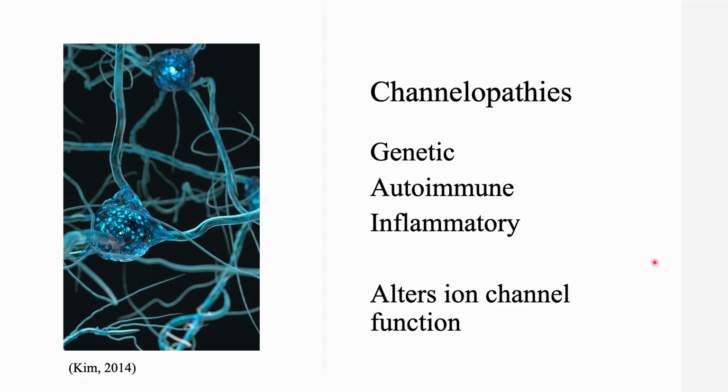Now we know how ion channels and neurons are supposed to function and communicate, but what if they do not? Channelopathies are a group of genetic, autoimmune, or inflammatory conditions that result from the dysfunction of ion channels, which are located in the membranes of all cells. The most frequent cause of channelopathies are mutations in the genes that encode ion channels, which we know will affect ion channel function.